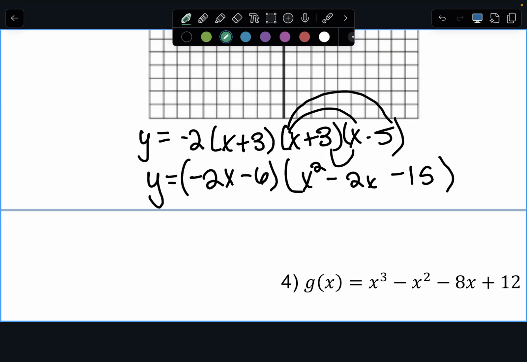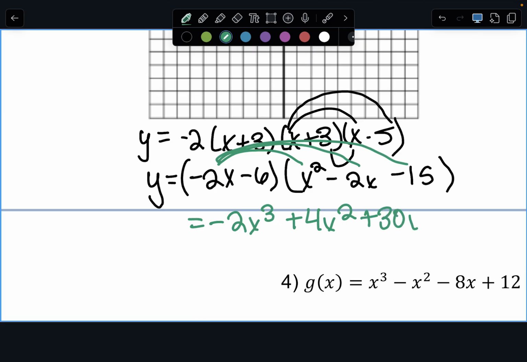Okay. Here's the tricky part. We need to take each term in this first set of parentheses and multiply it by each term in the second set. So I'm doing -2x times x squared, -2x cubed. -2x times -2x is a positive 4x squared. -2x times -15 is a positive 30x.